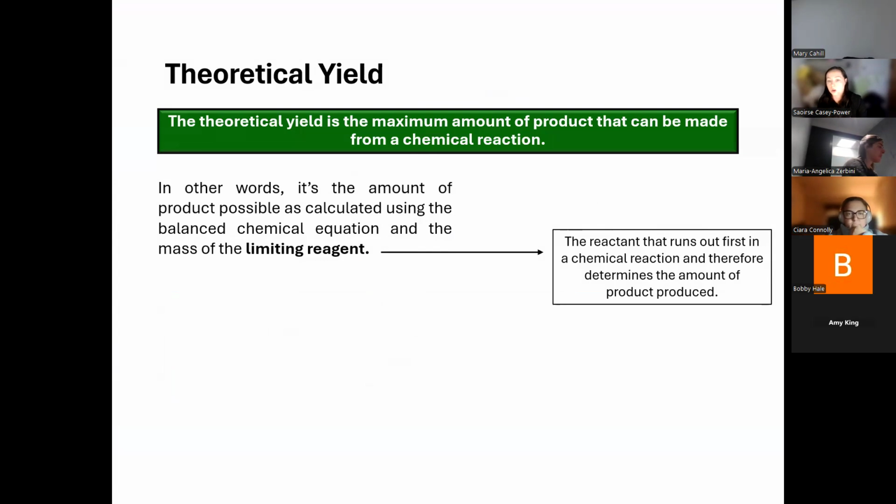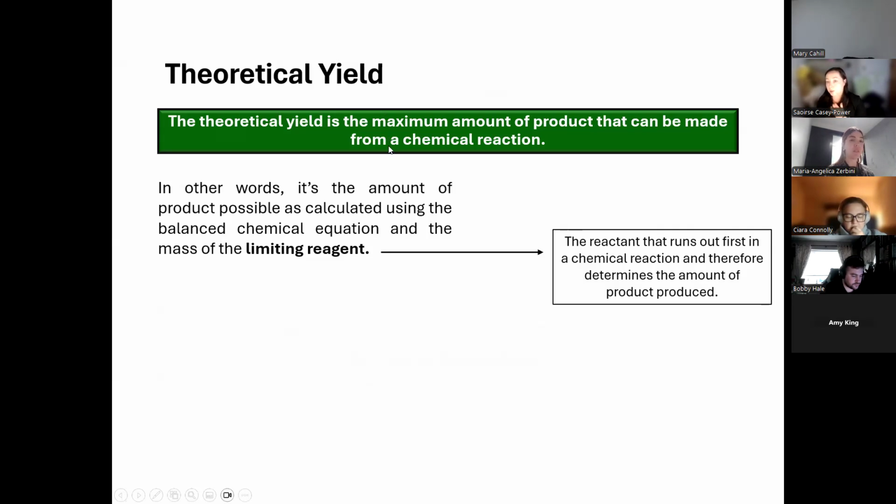So it's basically taking what we've done so far and adding a little additional step to it and working out what's the maximum amount of product that can be formed from a chemical reaction. So it almost tests reaction efficiency, or how much, if this reaction went 100% perfectly and everything went well, there was no loss, how much product would actually form at the end. So it's called the theoretical yield.